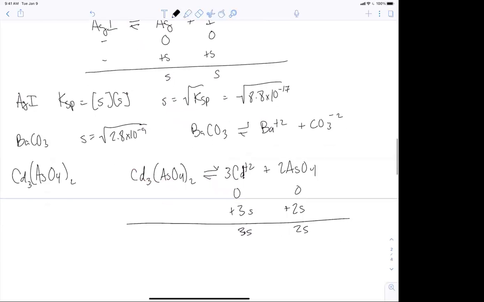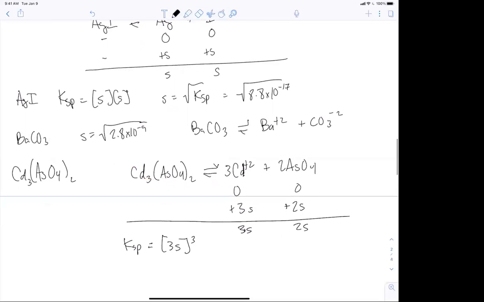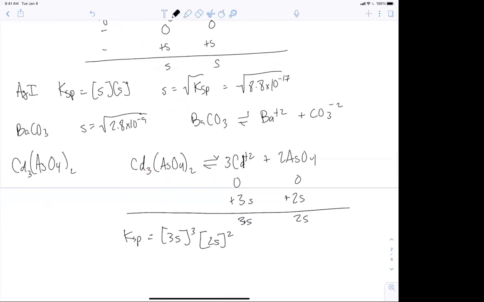We end up with an expression now of KSP is equal to 3S cubed times 2S squared.